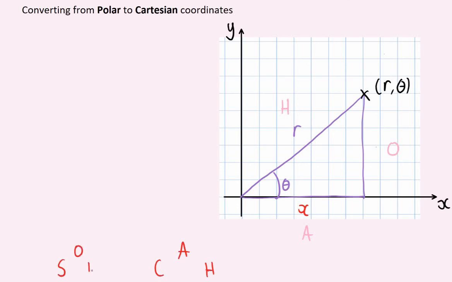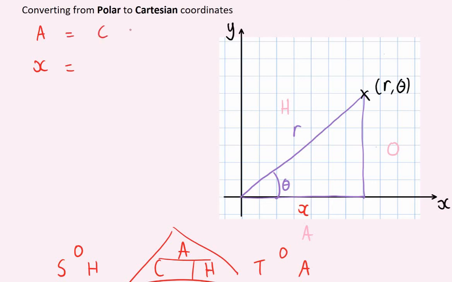Let me just write them all down for now. So I'm using CAH for this one. If I want to work out x, which is my adjacent, that's going to be cos times hypotenuse. So that is going to be cos of the angle, we just call it cos theta, times r. Okay, and normally this is written r cos theta.